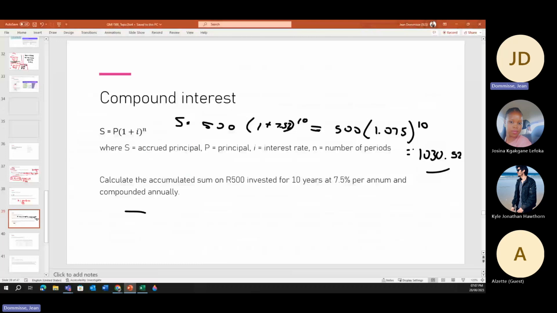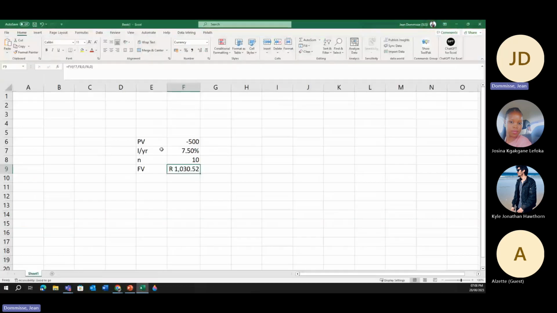Okay, exactly the same. So again, you can decide which one you want to use. I love Excel because that is nearly part of what we are doing every day. But again, you decide. I'll share this as well on WhatsApp tonight, so don't worry.